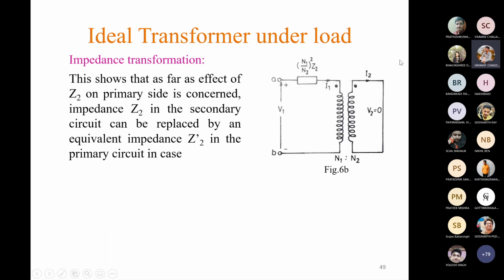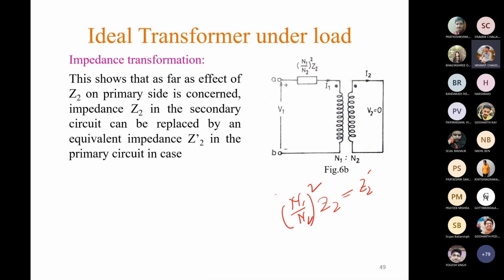So now we can draw a new schematic diagram having no impedance in the secondary side. So V2, that means the voltage across that load impedance Z2, is equal to 0 now. And we have connected the equivalent impedance of Z2, which is Z2 dashed, equal to Z2 into N1 by N2 whole square.